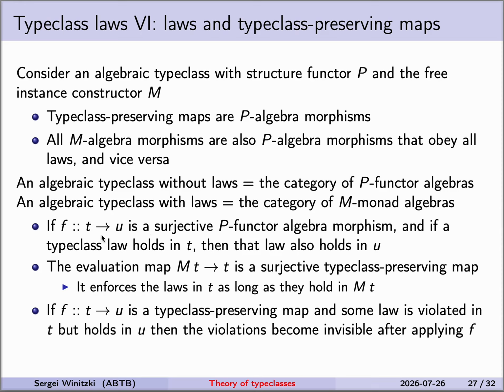For example, if you have a surjective functor algebra morphism, then if you know that the laws hold here, then you also know that they hold there. So P functor algebra morphisms enforce laws as well.